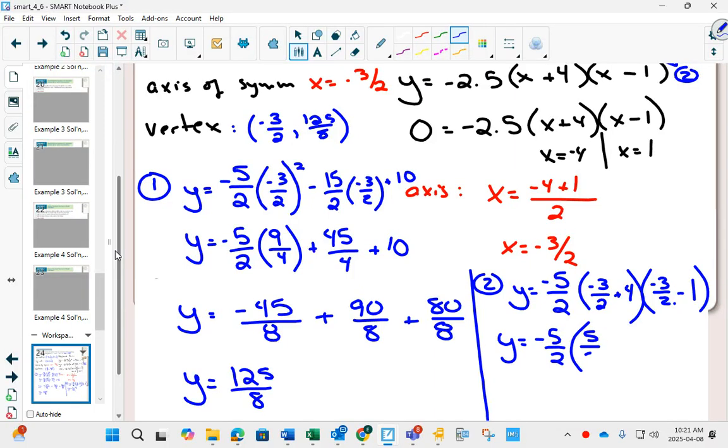This will become 5/2. Here I change that one to 2/2, -5/2. Multiply the tops. 5 times 5 times 5 is 125. 2 negatives would make it positive. Multiply the bottoms. 2 times 2 times 2, 8. Then we get the same y coordinate.